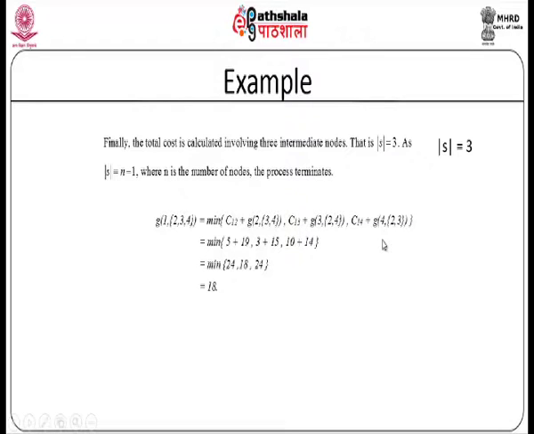So, when we plug the values of the previous iteration, you can see that the minimum cost is going to be 18. In other words, the shortest path from the source to destination is going to be 18. Fine, one side of the problem is solved.